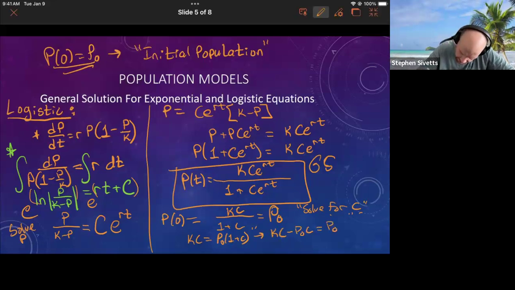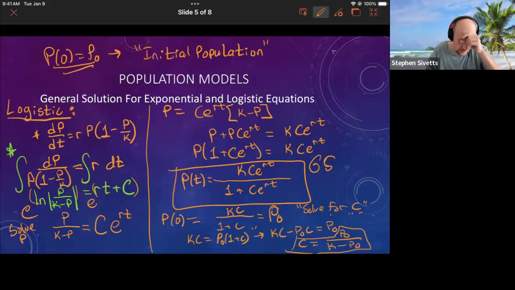There we go. And then C would equal P0 divided by K minus P0. That's the constant I'm looking for. Okay, there we go. So this is how you figure out what C is, the constant.